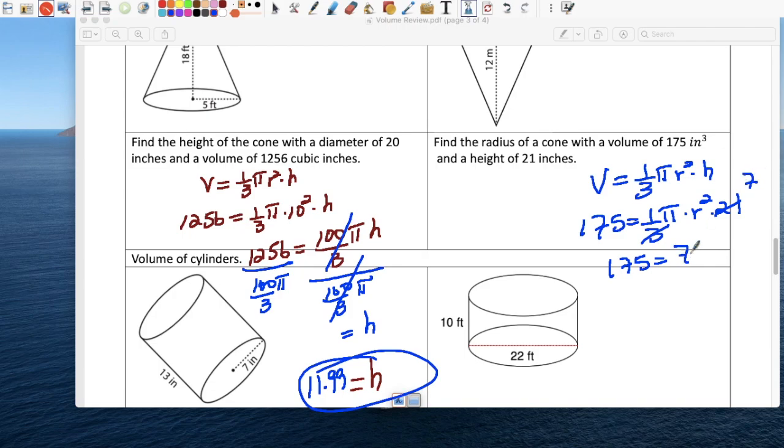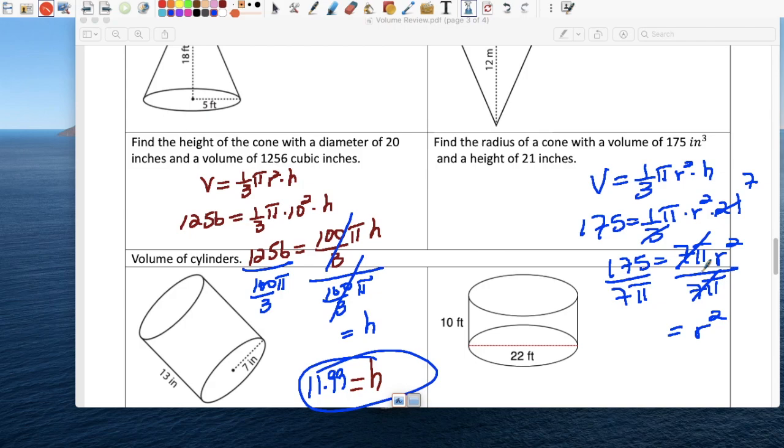So I get 7 pi r squared. Divide by 7 pi, and divide the other side by 7 pi, so I can isolate the r to the second power. 7 pi simplifies to 1, and then on the other side, 175 divided by 7 pi.